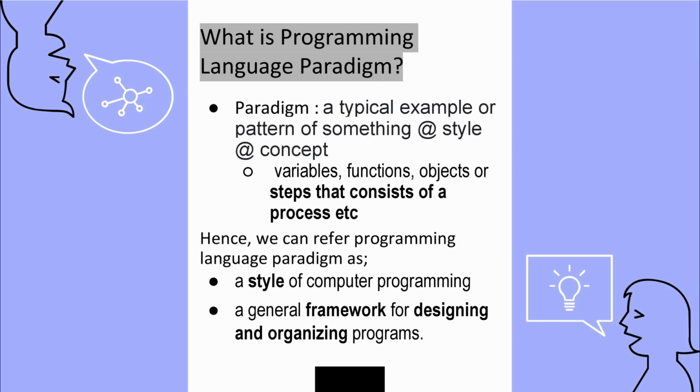So kalau dalam konteks programming, kita mungkin akan bercakap pasal variables, functions, objects or steps that consist of process. Okay, masih tak faham. Okay, tak apa. Kita teruskan. Okay, so overall, programming language paradigm, we refer to a style of computer programming ataupun a general framework for designing and organizing programs.